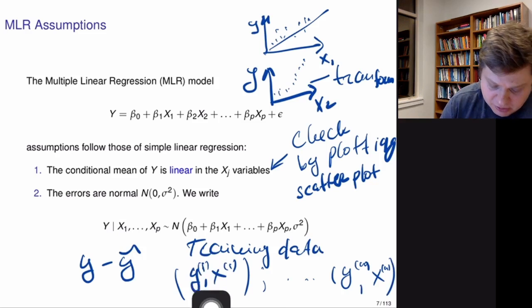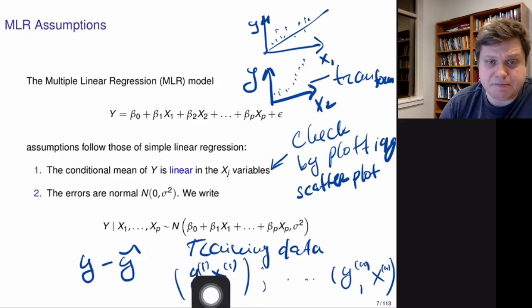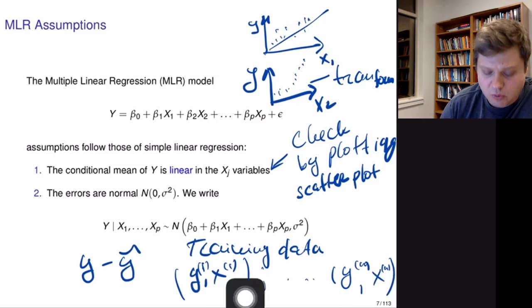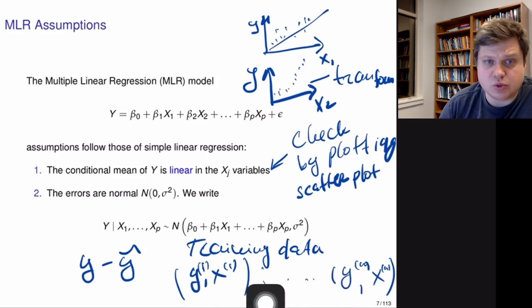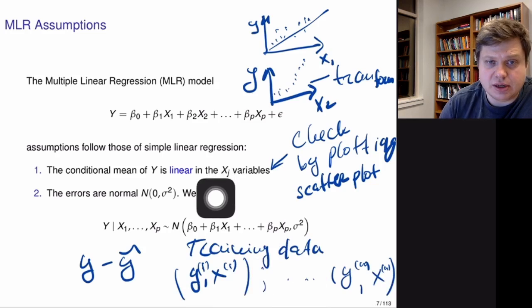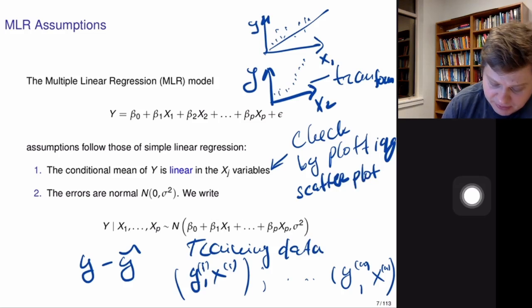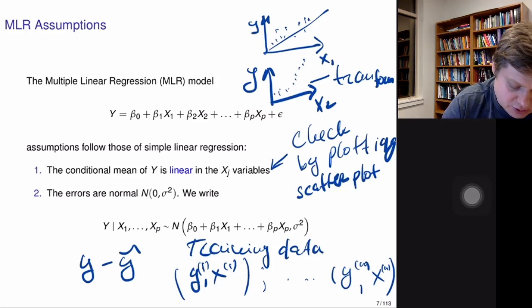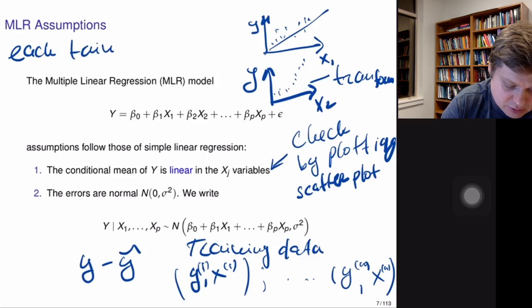And here I'm using this script in the top part as a superscript to index the training data point so that we don't confuse it with the predictor. So the subscript will be used to denote the predictor. So each training point is a row in your training data set.